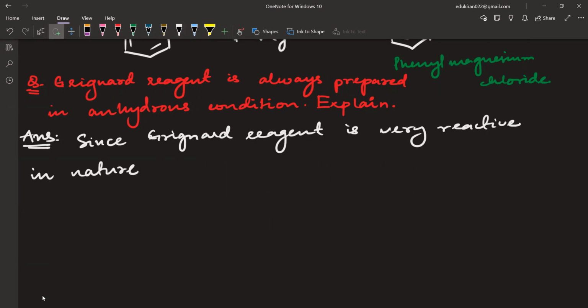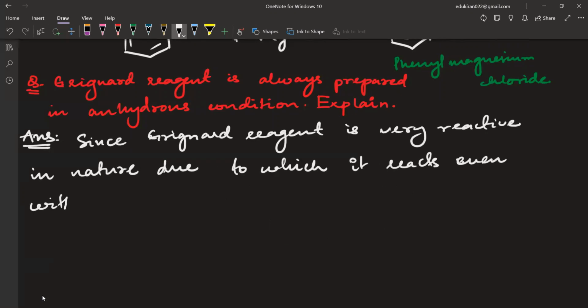So it's very reactive, because the negative charge is on the less electronegative atom carbon, due to which it reacts even with moisture and gives alkane.